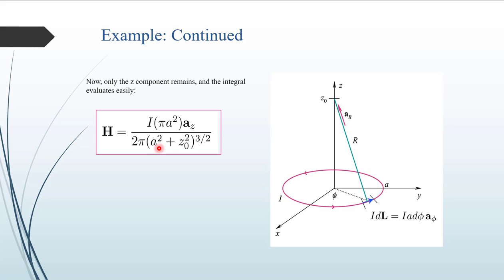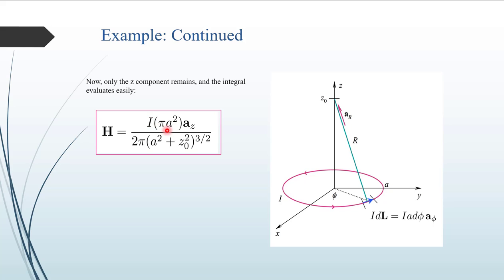A is the radius of the ring. Az is the direction in which intensity exists. So intensity is in this direction because of such kind of ring. So we can find this kind of expression for this. If z naught is 0, means what? If we want to find out the intensity at origin here, then z naught we have to keep 0.